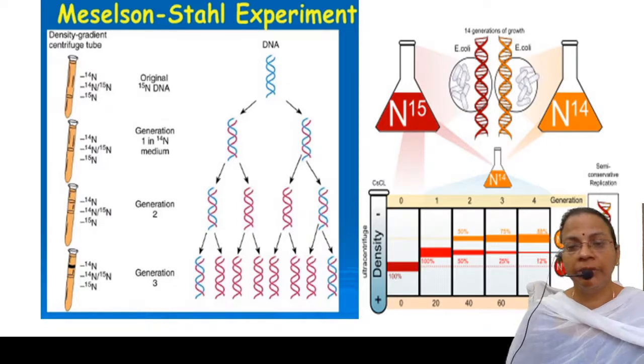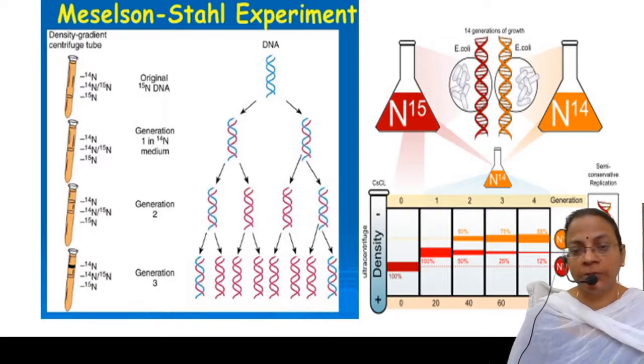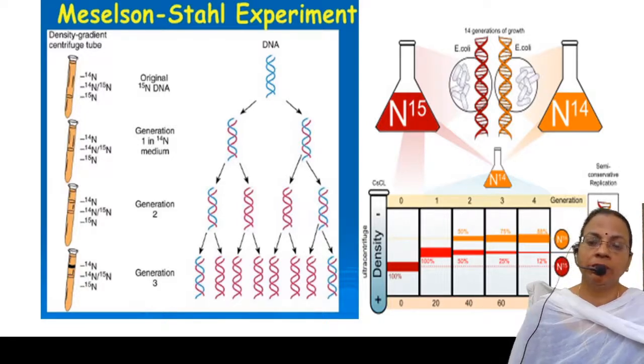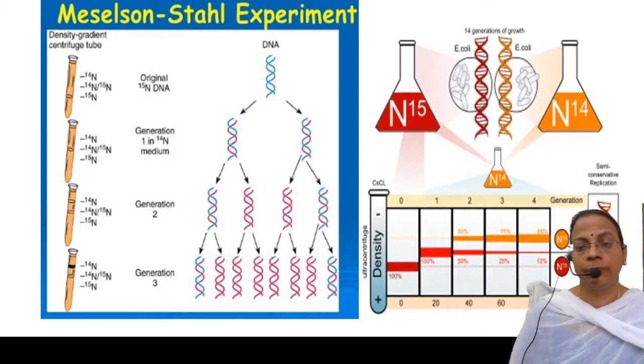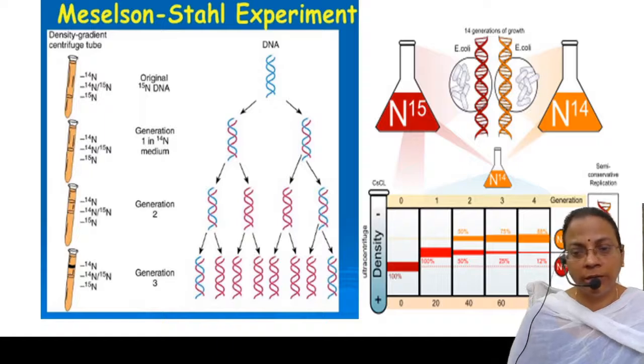By reading those base sequences, complementary base pairing will take place by taking up the bases from the medium. As a result, one strand of the newly formed DNA will be the template or the old strand, and the other strand will be the newly synthesized strand.